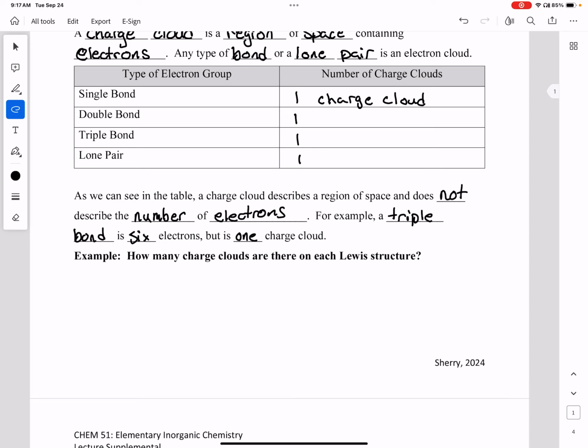So let's look at some Lewis structures, and let's look at 4 of them, and we'll see how many charge clouds. So first one will be CH4. I encourage you to pause and determine the Lewis structure for yourself. But that's going to be carbon in the middle with 4 hydrogens around it. And that is 4 charge clouds.